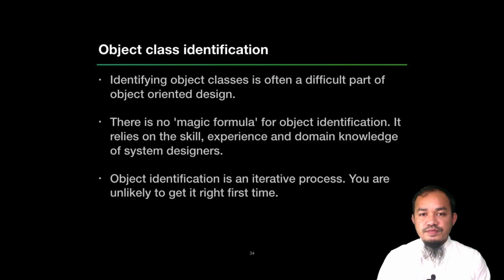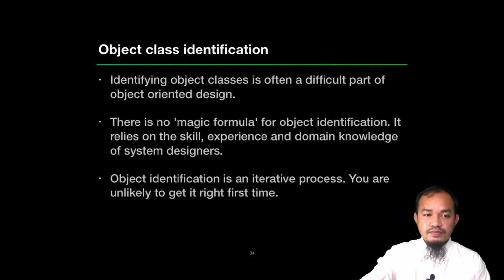Identifying object classes is often the difficult part of object-oriented design, because it depends on the experience, skill, and domain knowledge of the system designer or software engineer to identify which object classes will be included in each component.